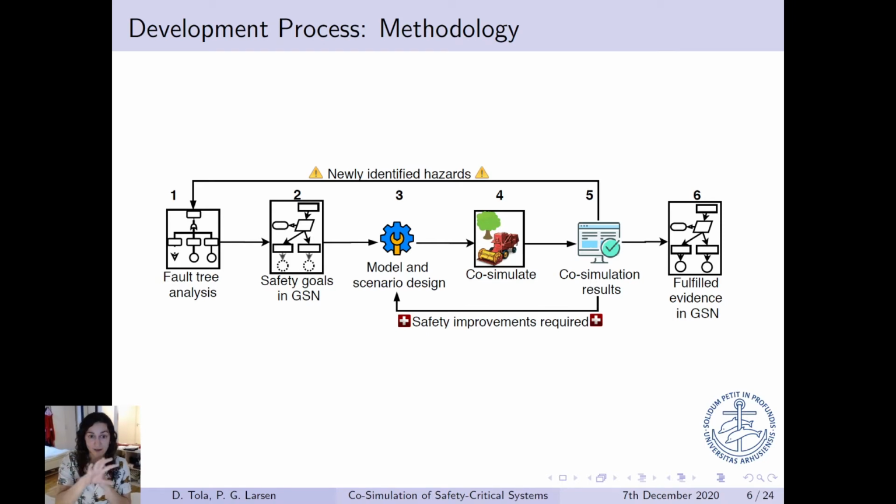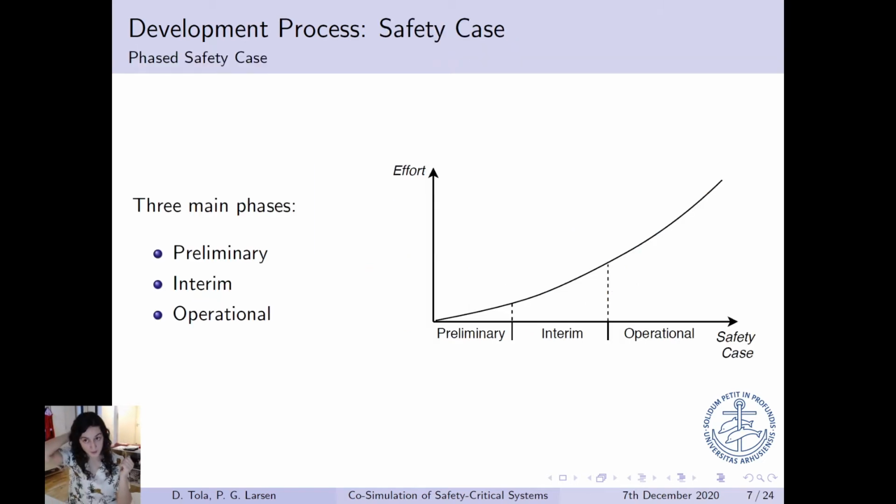But as you can see, we have 6 main stages, I would say, where we have something called a fault tree analysis, some safety goals, and then we determine here, after we have defined the safety goals, if we can obtain evidence using co-simulation or not, and I will also talk more about this later. And then in the end, we can see that the co-simulation results can be used as evidence that prove that these safety goals are fulfilled.